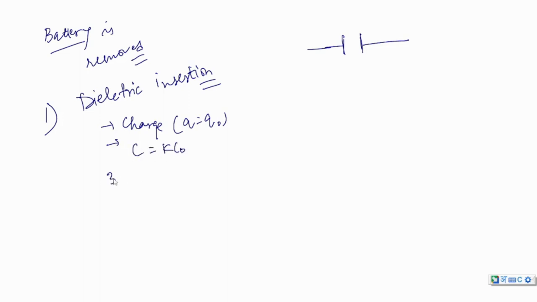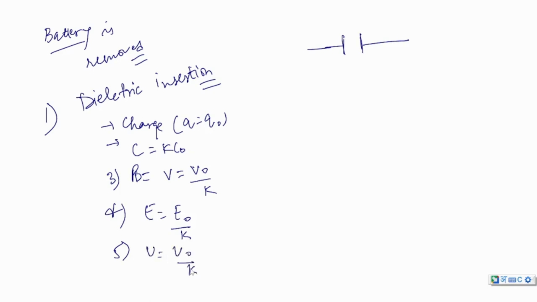Third, potential will change. It will be V is equal to V naught by K, where V naught is the initial potential. Electric field will be E naught upon K, and energy will be U naught by K. You can also derive these things via formula.